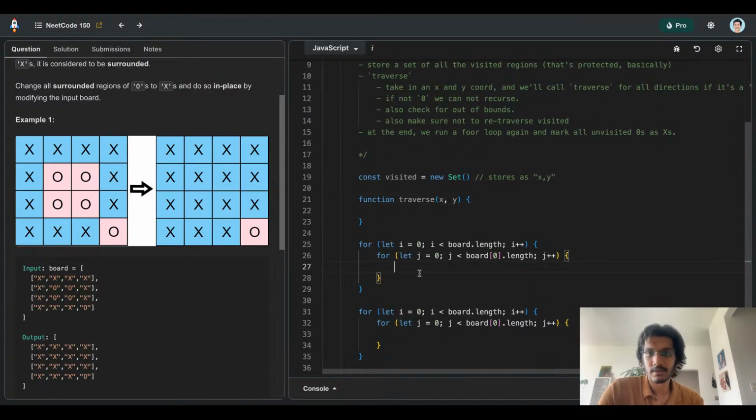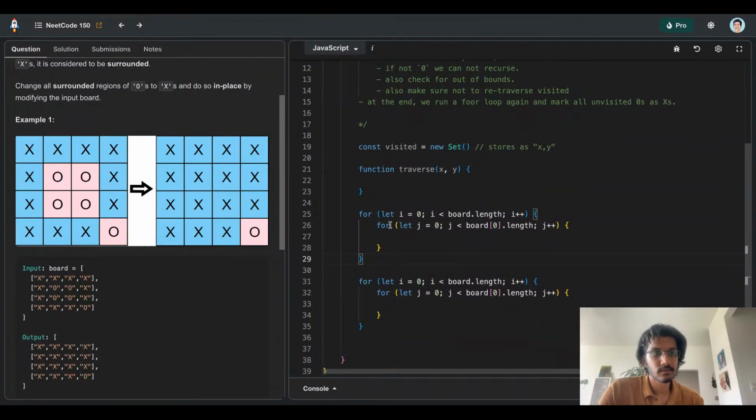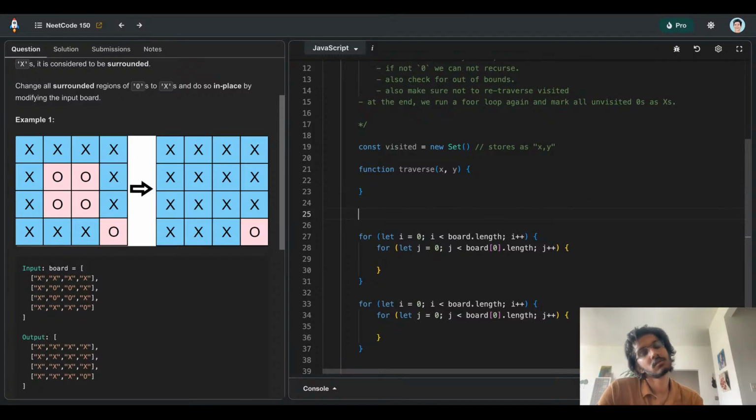Okay, so at the start, no, that's wrong. We actually don't want this. You want to go through all directions actually.